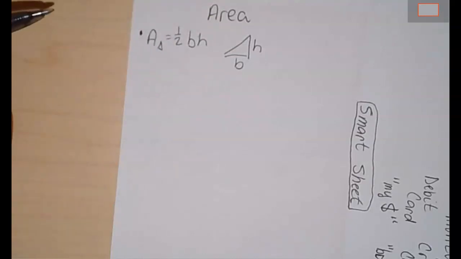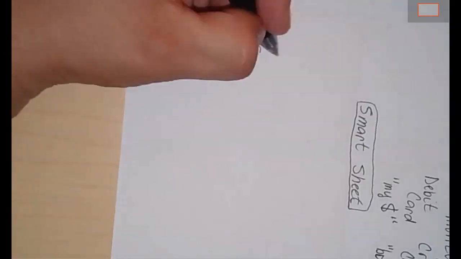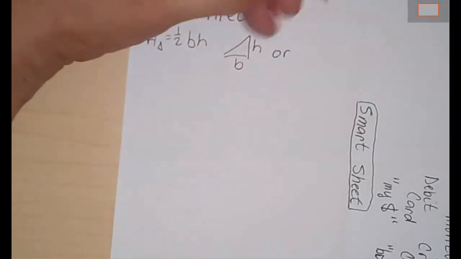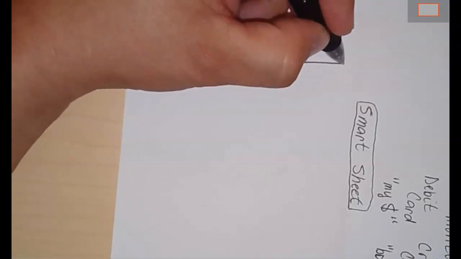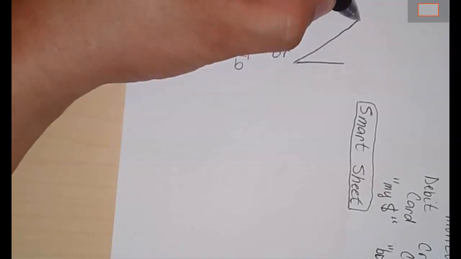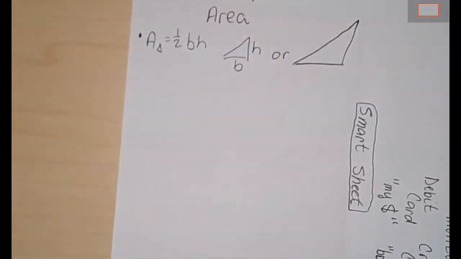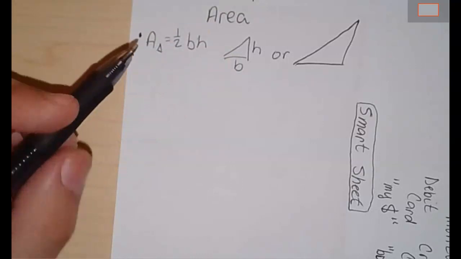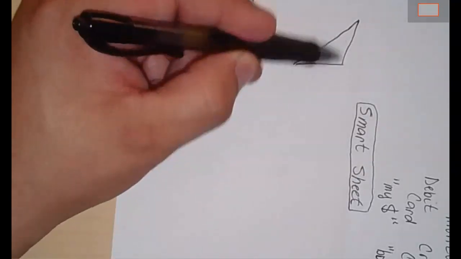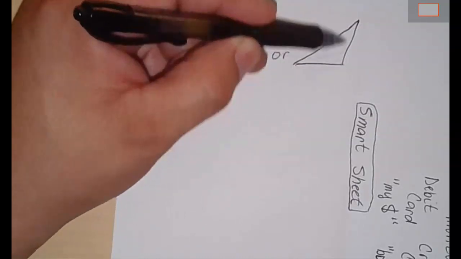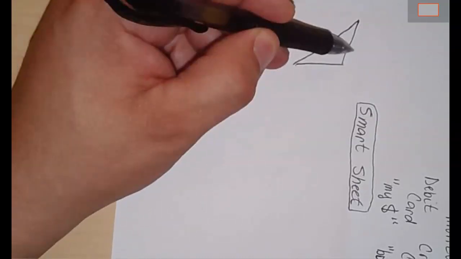But a lot of times we know they don't make it the easiest possible, so you might get something a little different like this. So, very important, pay attention. In this case, you don't have the distance going straight up and down, so you don't have a height, even if they give you this number.